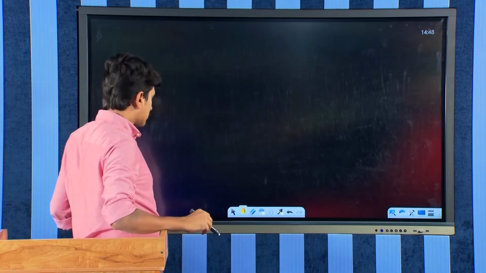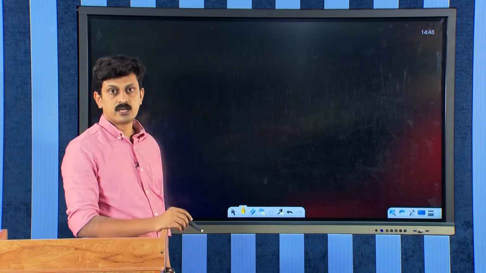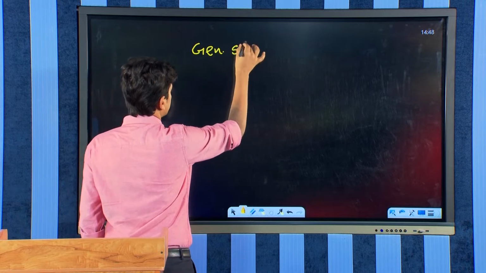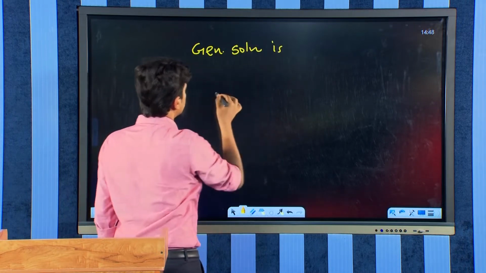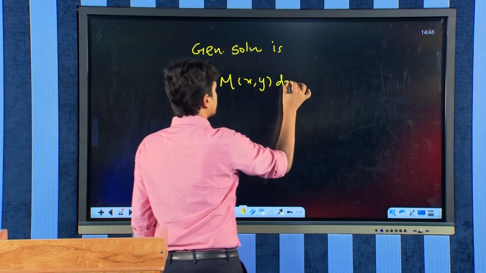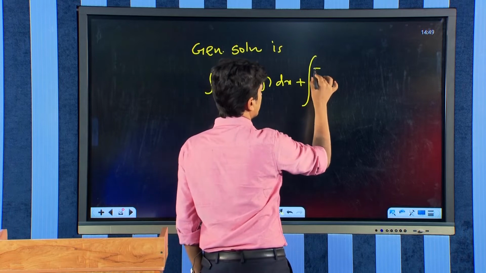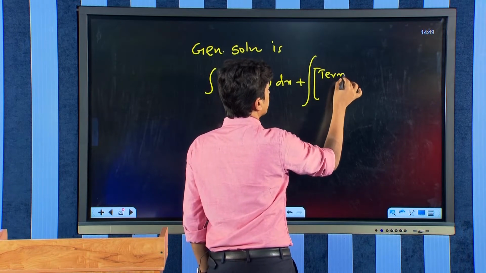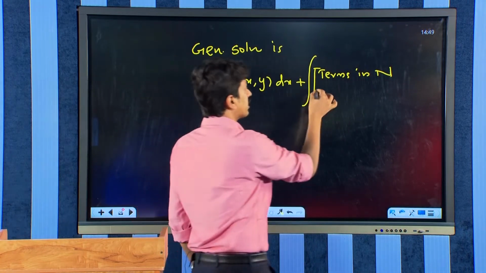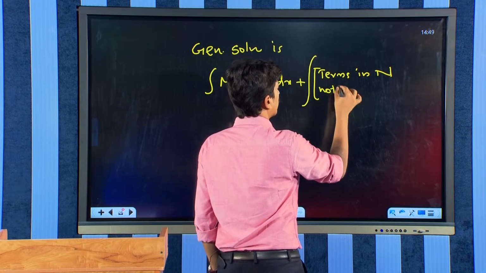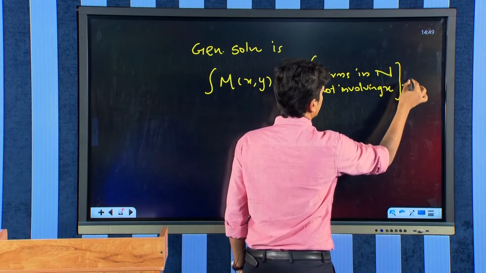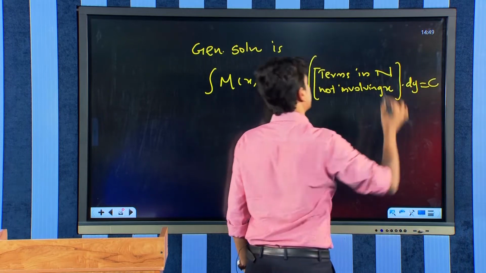And we also have one more method: the general solution is the integral of M(x,y) dx plus the integral of all the terms in N which do not involve x, times dy, equal to c.